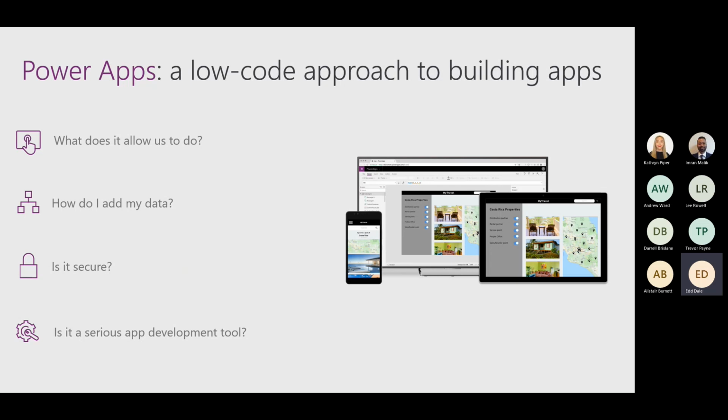How do you add your data into these apps? Well, you can connect your existing data with those pre-built connectors, those premium connectors we spoke about earlier, or you can connect your data to data that is pre-existing already in Office 365.